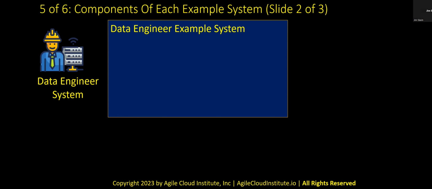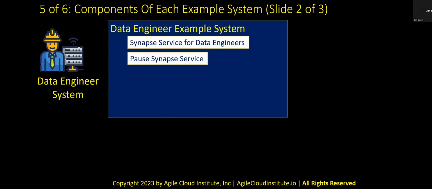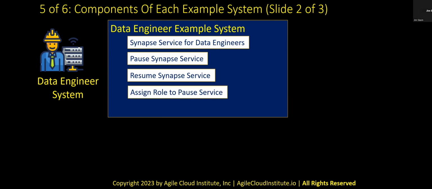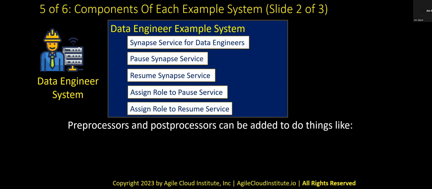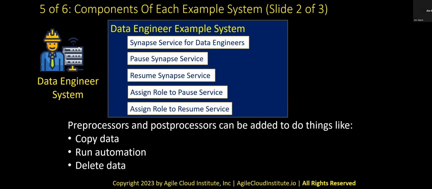The services in this data engineer system include a Synapse service designed for data engineers, a service that pauses Synapse at a specific time each day, a service that resumes Synapse at a specific earlier time the next day, and 2 services that add roles to authorize the pause and resume services to make the changes they are designed to make. There are also preprocessors and postprocessors that do things like copy data, run automation, and delete data.